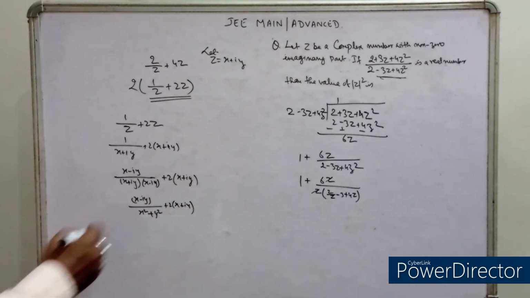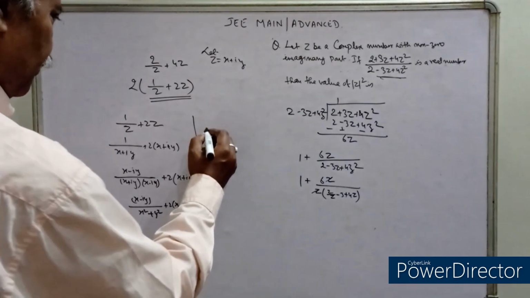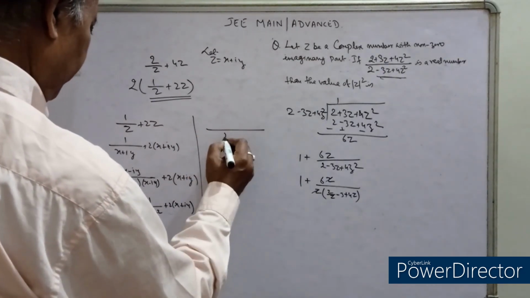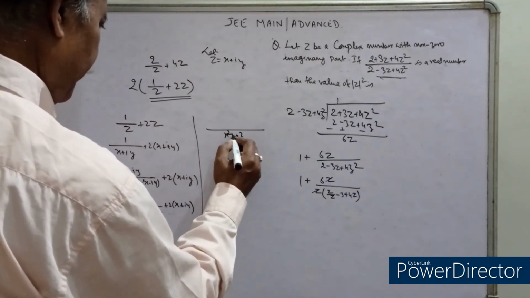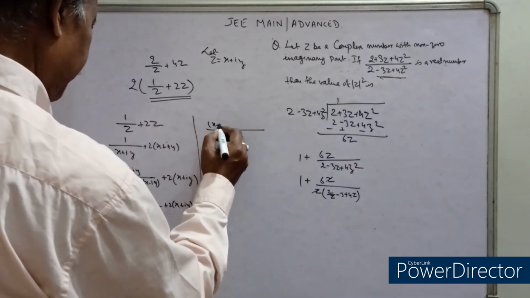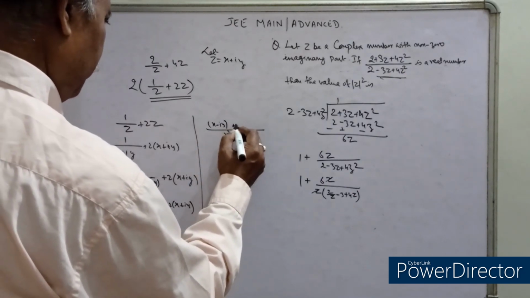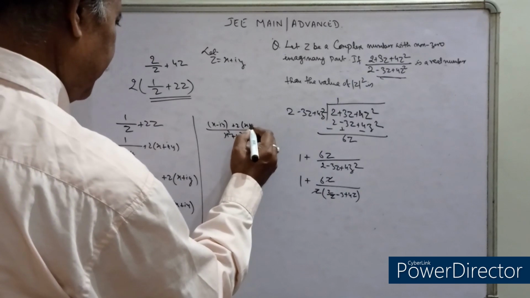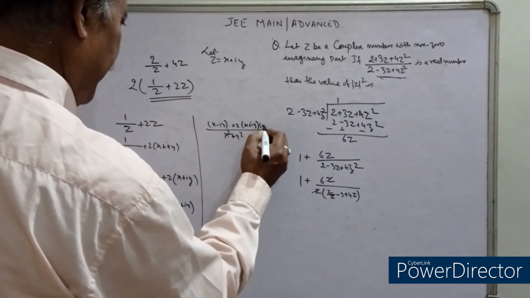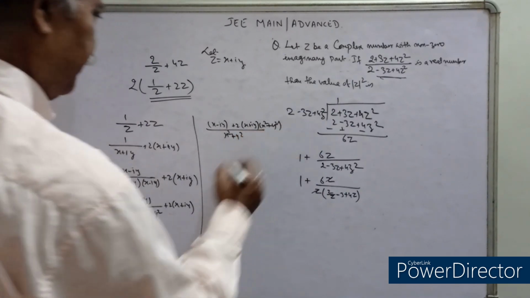So if I take LCM here, this will be x square plus y square, and this will be x minus iy plus 2 times x plus iy into x square plus y square.